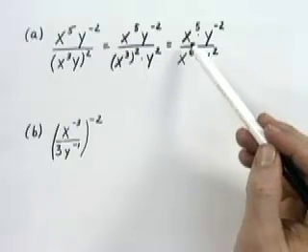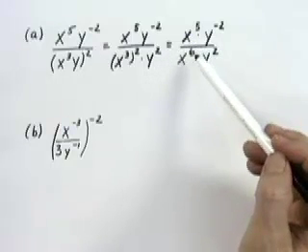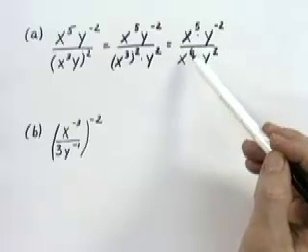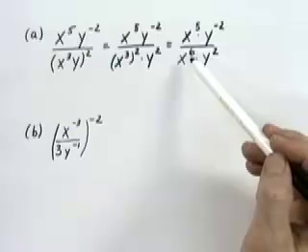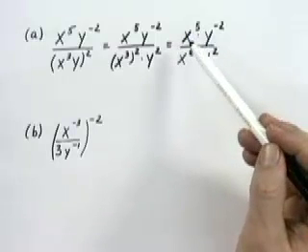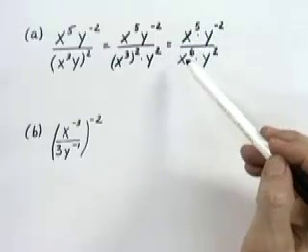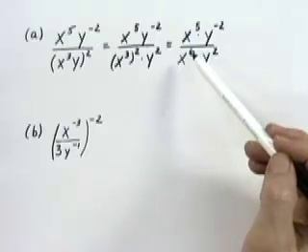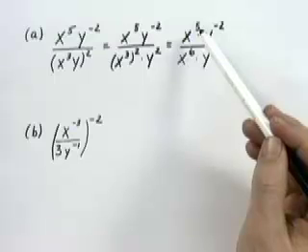Remember, if we have a to the m over a to the n, I could write that as a to the m minus n, but another option was to write that as 1 over a to the n minus m. In other words, take 1 over the base raised to the denominator's exponent minus the numerator's exponent.